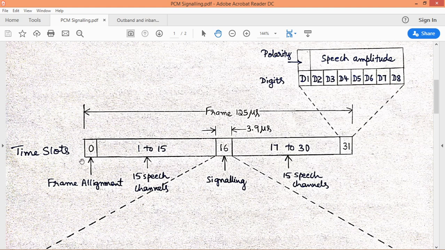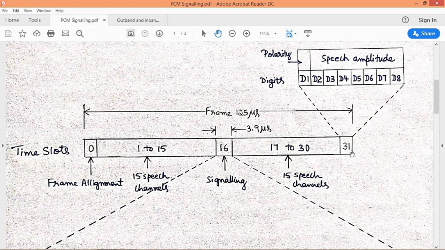We know there exist many channels, and from each channel we deal with one particular time slot. Generally in our PCM signaling we make use of 32 different channels, so we have 32 different time slots.